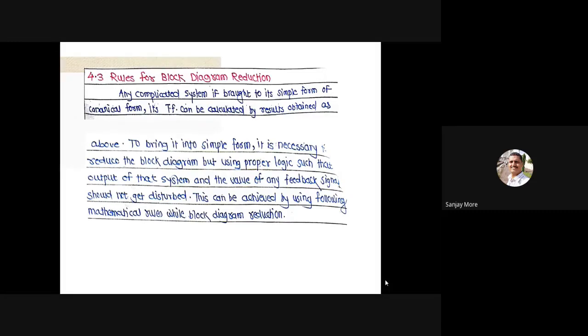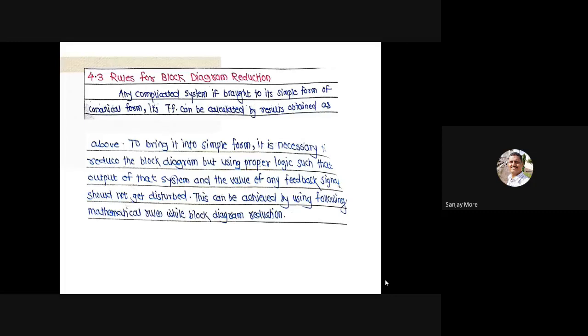So to bring it into simple form, it is necessary to reduce the block diagram, but using proper logic such that the output of the system and the value of the feedback signal should not be disturbed. You reduce the number of blocks, but the feedback signal and output must not change.